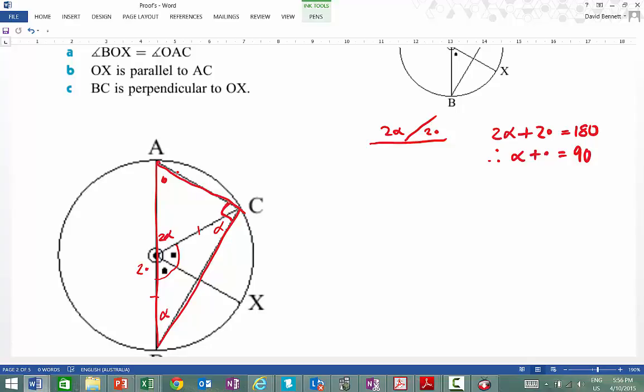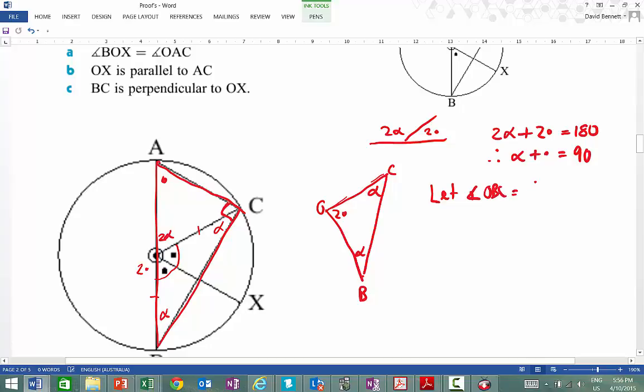Alright, so I've drawn my triangle. Sometimes drawing an extra triangle in here will actually help you with your explanation. So I've got 2 dots, I'm going to say alpha, alpha, and so therefore that is O, C, B. So we'll say let angle OBC equal angle OCB equal alpha.